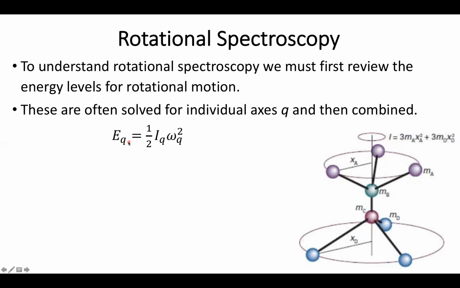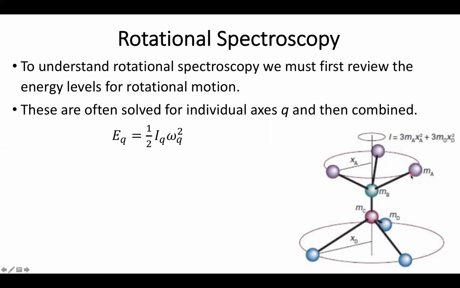So when we go ahead and do this, the energy for any given axis, so axis here is going to be Q, so this could be X, is going to be equal to 1/2 the moment of inertia times the rotational frequency. So again, our moment of inertia is going to be a measure of both how heavy an object is and how far away it is from the center of rotation.